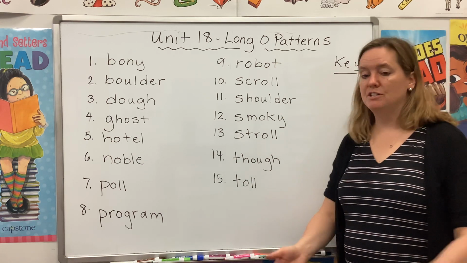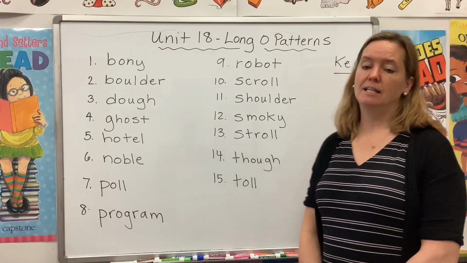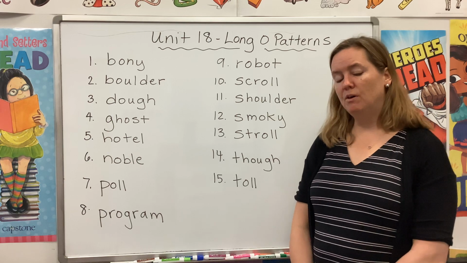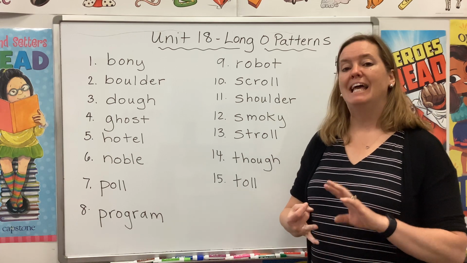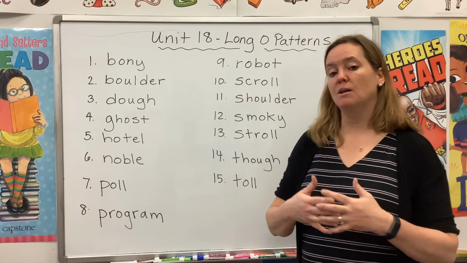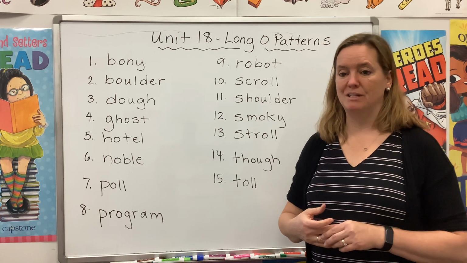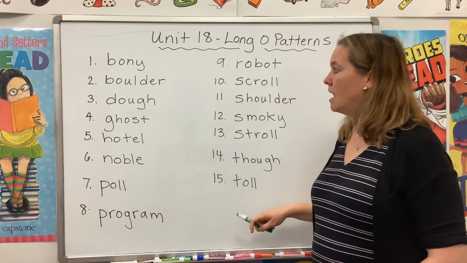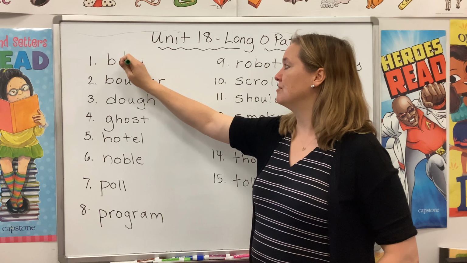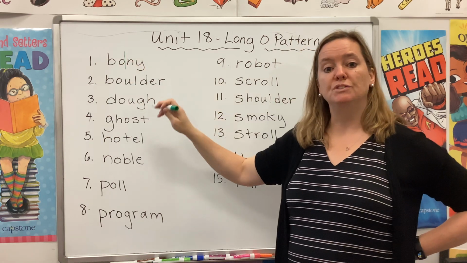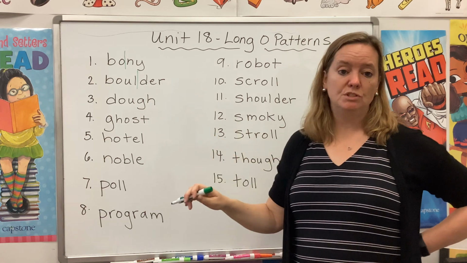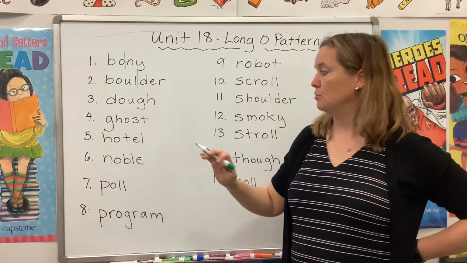So now what I want to do is take our two-syllable words and break them into syllables. That is very helpful when we're learning how to spell and pronounce a word. It also draws our attention to interesting word parts like syllables and prefixes. So let's choose a color and we'll start with bony. Slice it after the O. Boulder after the L. Dough and ghost are both one-syllable words, so we'll leave them alone.